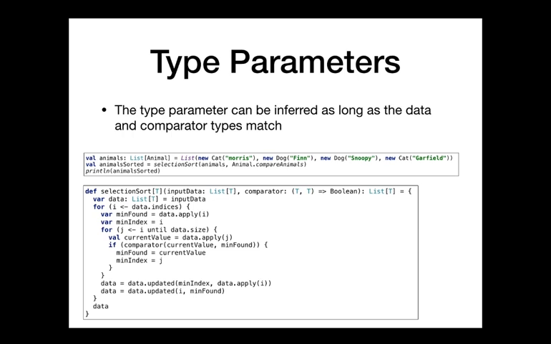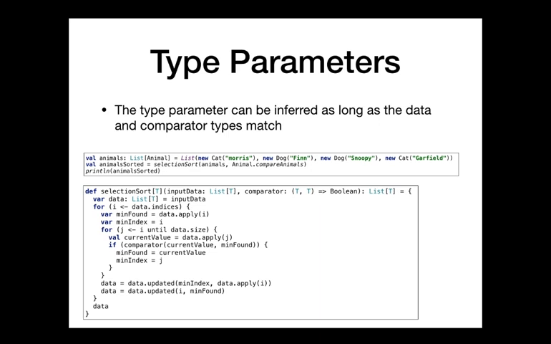Any questions on the type parameters? Yes. If, let's say, one type is int and the other one is double, and when passing in the function, is there some sort of type invariance?